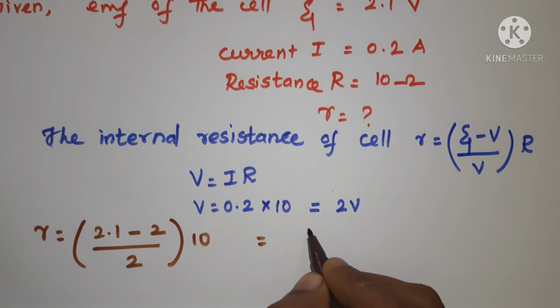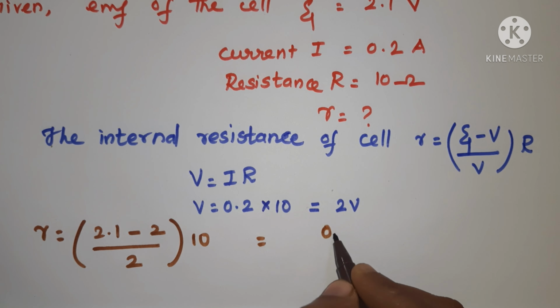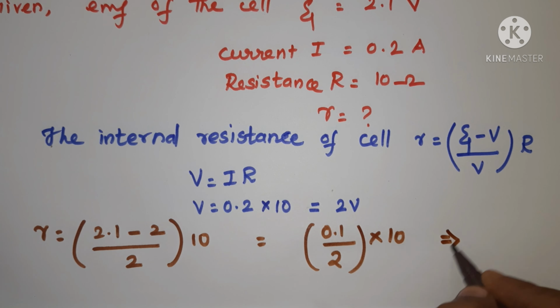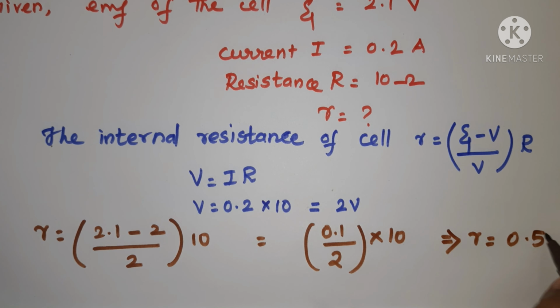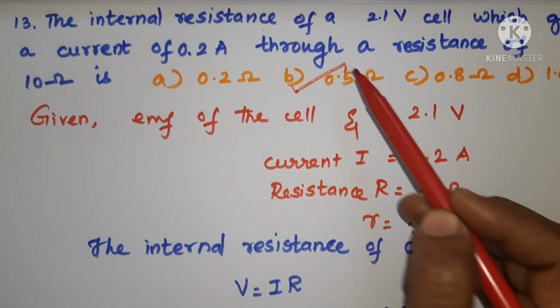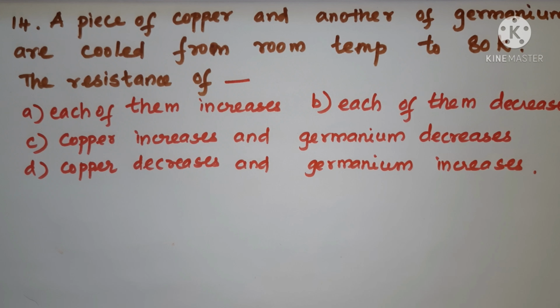So this will be equal to 0.1 divided by 2 into 10, which is equal to r equal to 0.5 ohms. Option B is the correct one, 0.5 ohms.